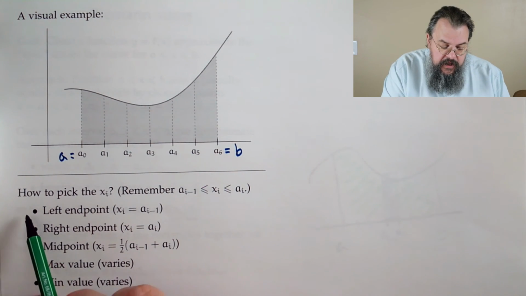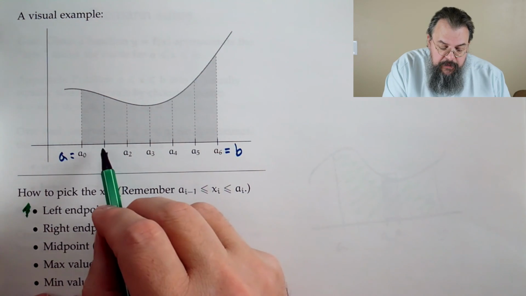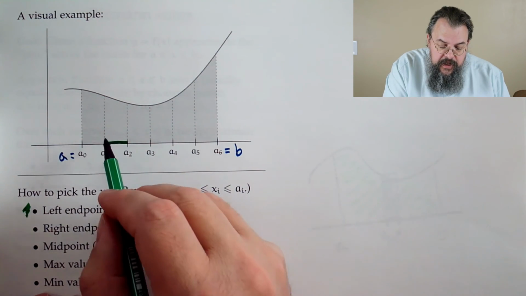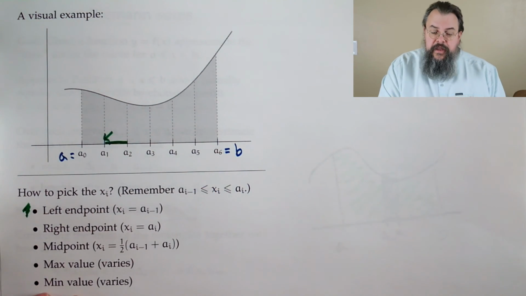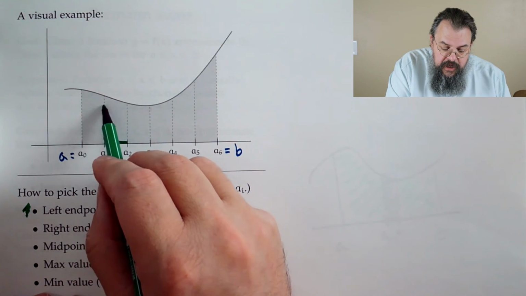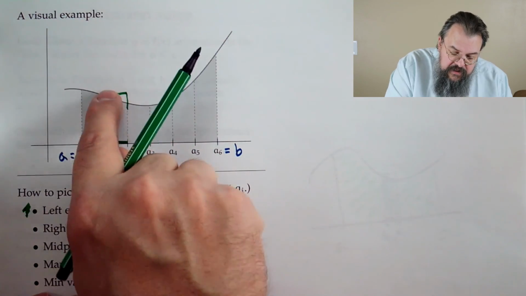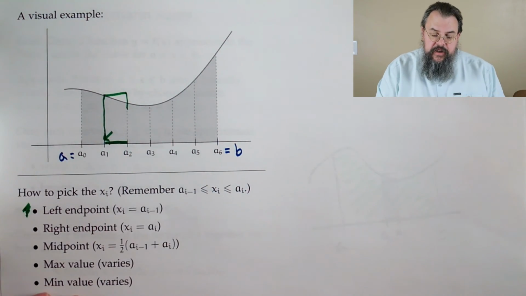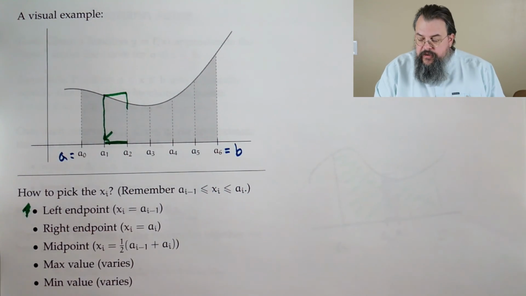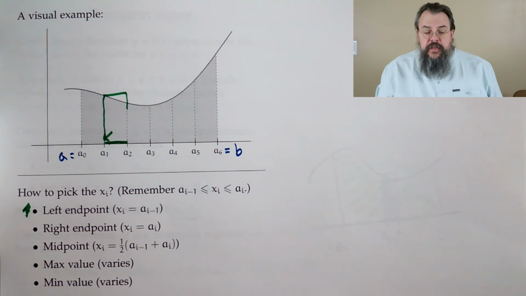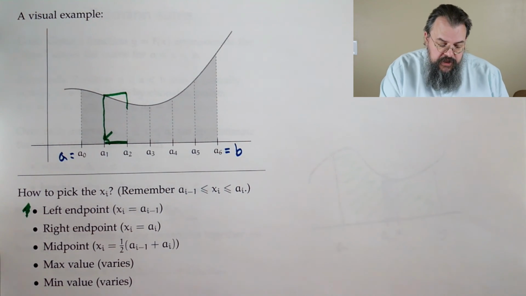Well, you might see a left endpoint. That says, suppose I have an interval, the left endpoint would be on the left-hand side. So that would say, okay, choose whatever the height is at the left end, that's the height of your rectangle. Now, you might also see another option, the right endpoint.